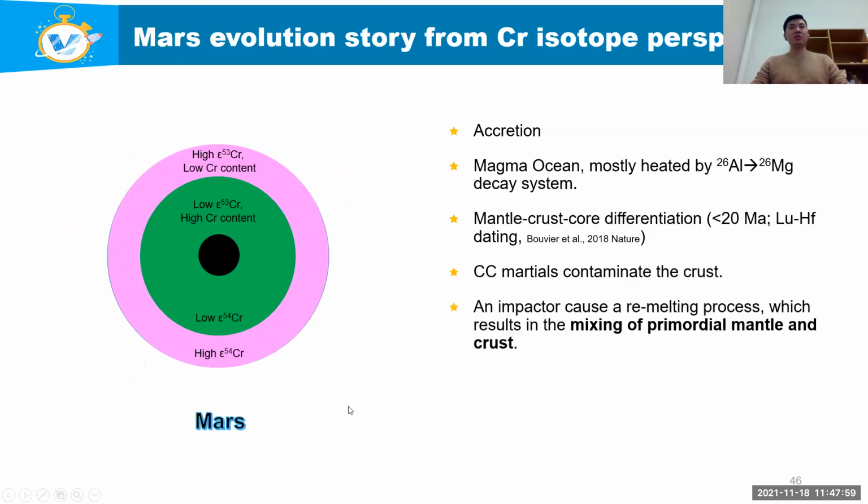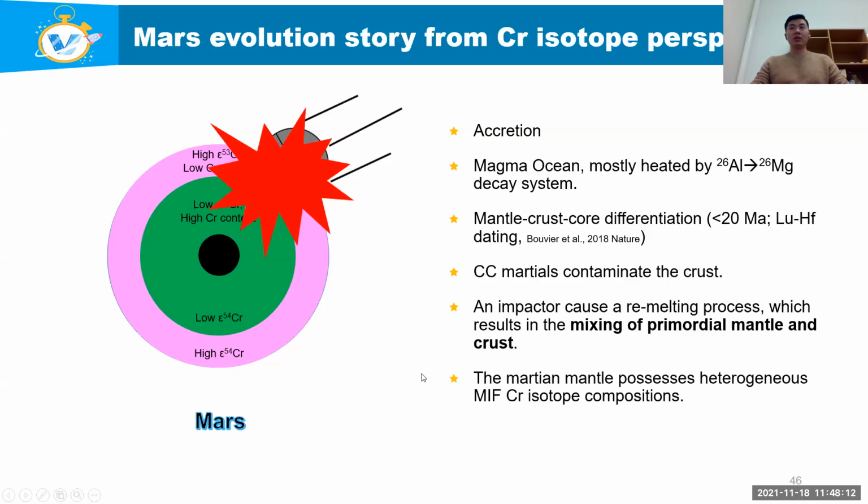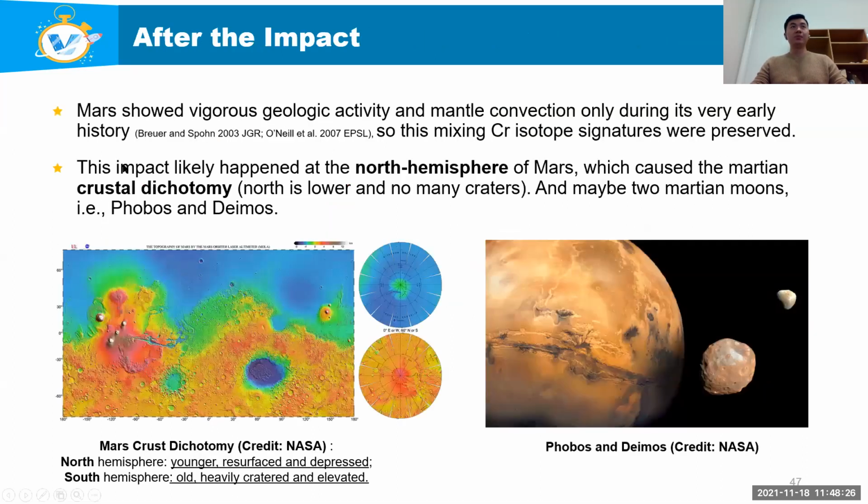And then maybe there was an impactor that caused remelting and resulted in the mixing of primordial Martian mantle and crust. So in this way, there is a correlation between epsilon 53 and epsilon 54, and the chromium isotope heterogeneity for Martian meteorites.